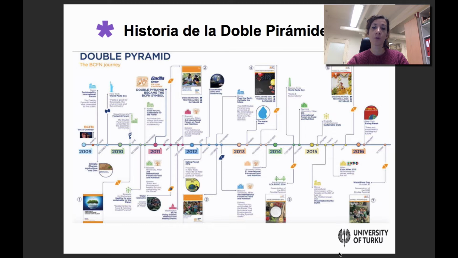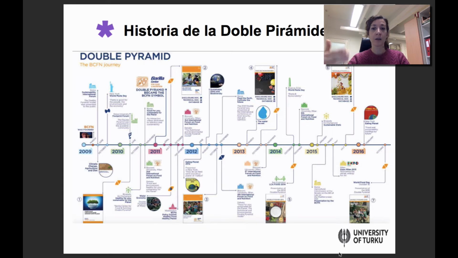You also have an overview of all the publications concerning the double pyramid with different updates. We will see later on that the amount of data used to produce the double pyramid has increased very much during this time frame.